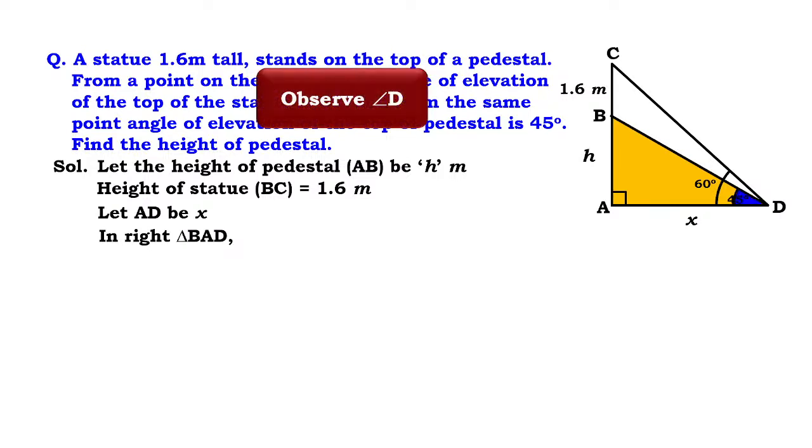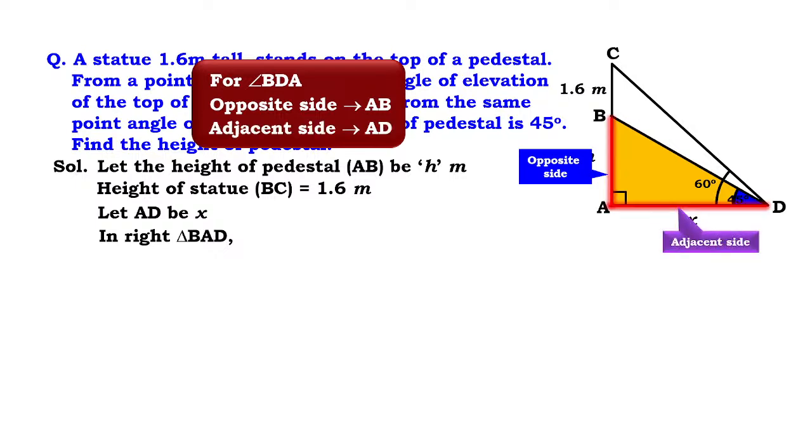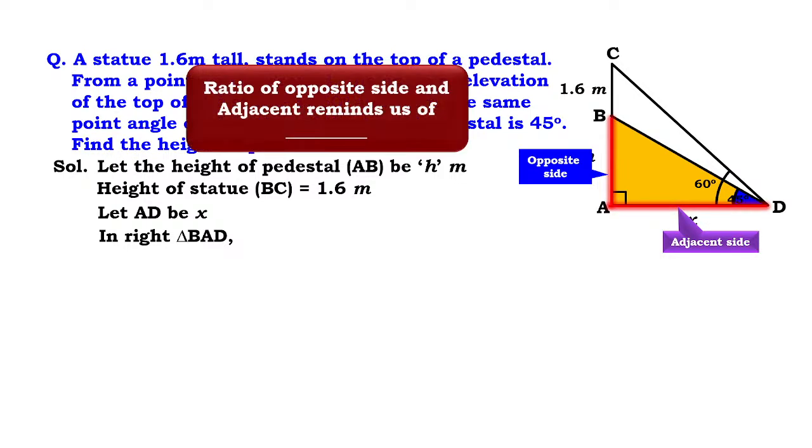So first observe angle D. Everyone look at angle D, how many degrees is it? 45 degree. So what is the opposite side of 45 degree? AB. And what is the adjacent side? AD. Now if you know opposite and adjacent, what value are you going to use here? Tan theta, right?